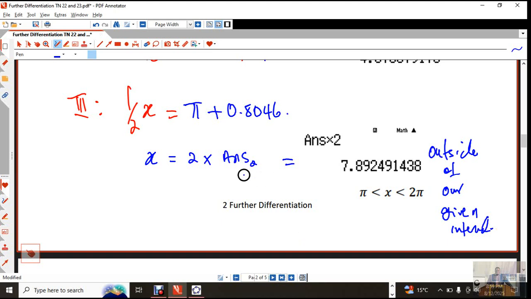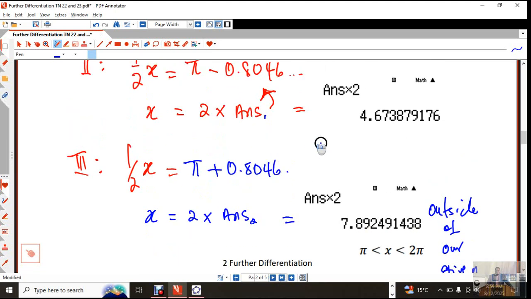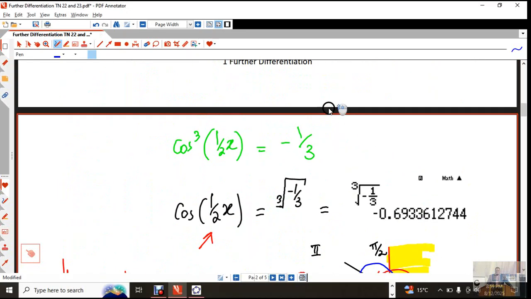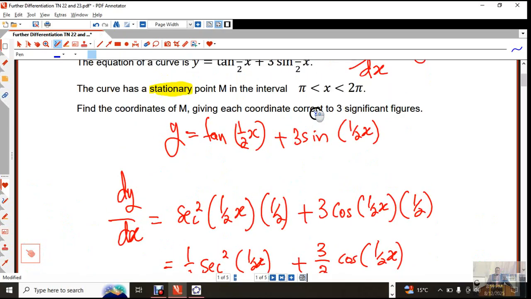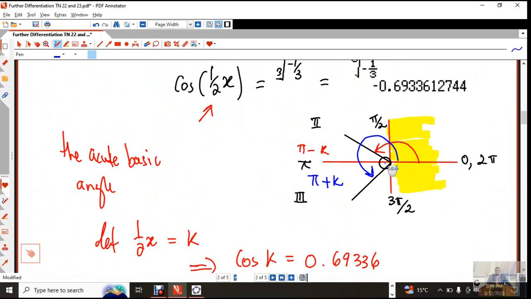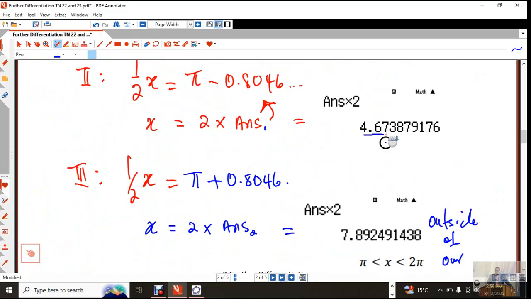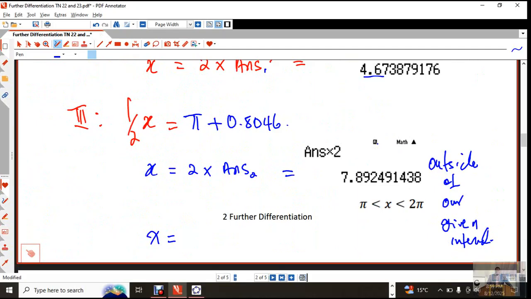That implies, therefore, x can only be this one over here, which is 4.67. They said we must give this answer correct to 3 significant figures. So our value of x therefore is only 4.67. Good.